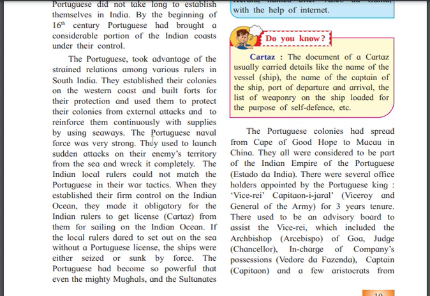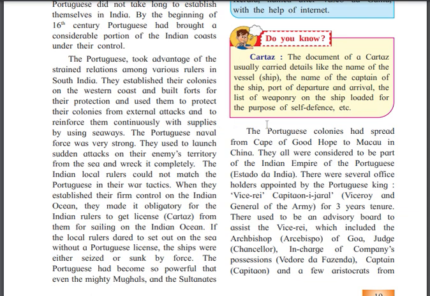Why were they building the forts? Because they wanted to protect themselves from external attack, and they reinforced them continuously by the seaways.